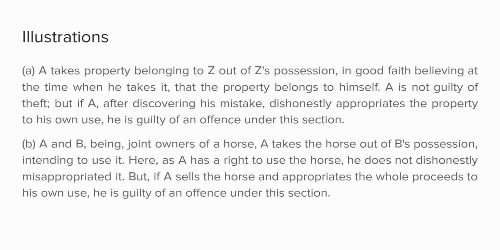Here, A has the right to use that horse. He does not dishonestly misappropriate it. But in case A sells that horse and appropriates all the money he gets from selling that horse to his own use, then he is guilty of the offense under this section.